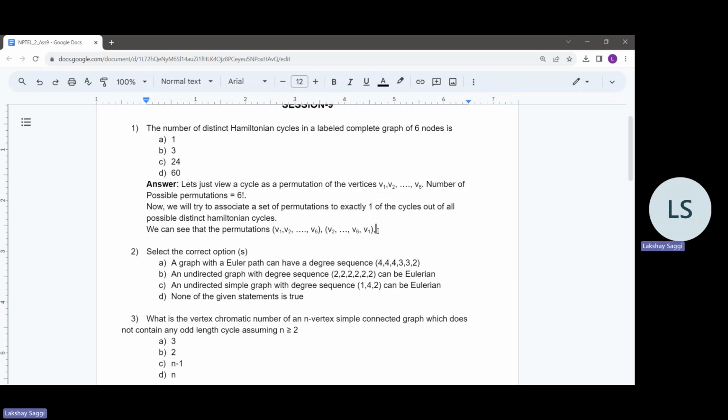Similarly, another permutation can start from V3 and go till V6, and after V6 the order comes back to V1 and then V2.